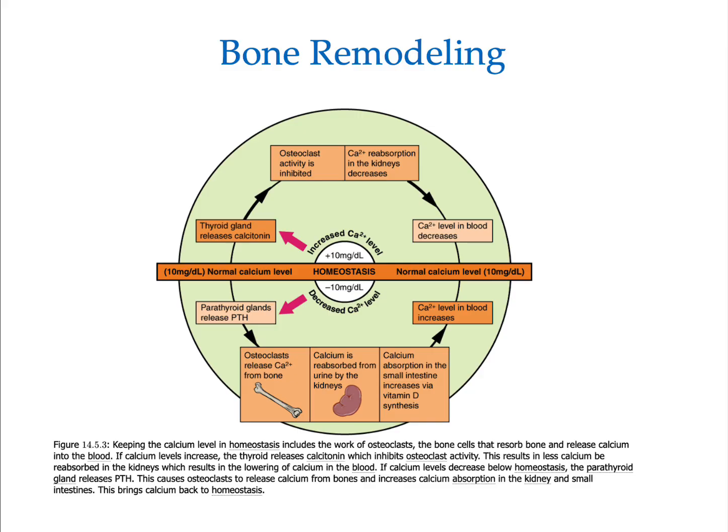This results in less calcium being resorbed in the kidneys, which results in the lowering of calcium in the blood. If the calcium levels decrease below this set point, the parathyroid gland releases parathyroid hormone. This causes osteoclasts to release calcium from bones and increases calcium absorption in the kidney and small intestines. This brings calcium back to homeostasis.